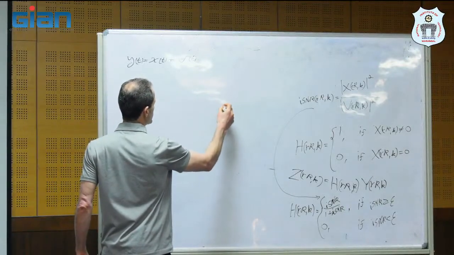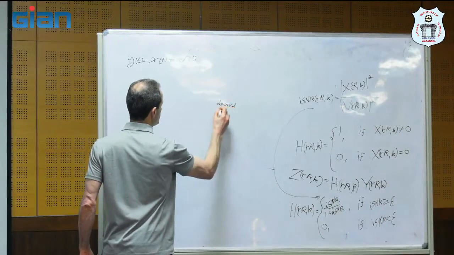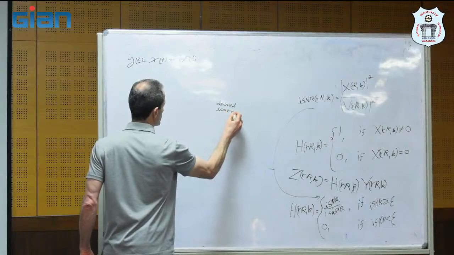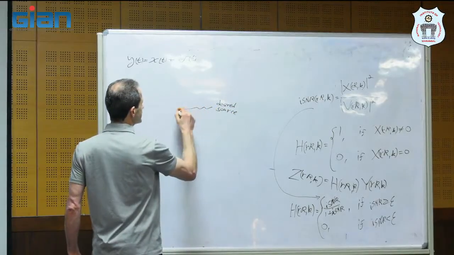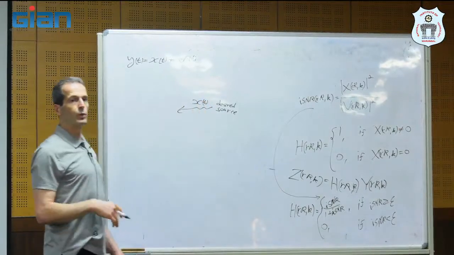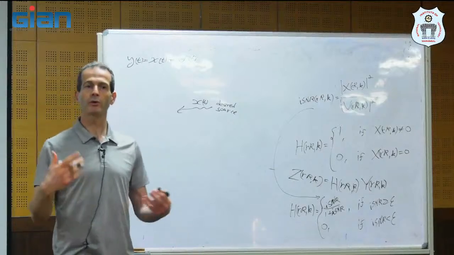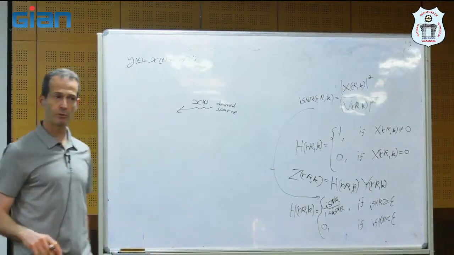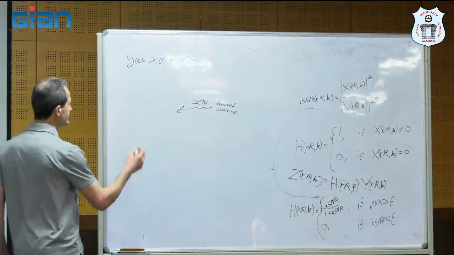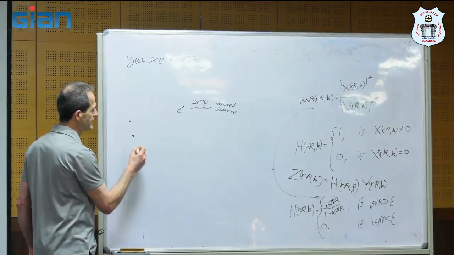So here we have a source, the desired source, and this sends a wave, maybe an acoustic wave, electromagnetic wave, whatever, a propagating wave. This is the desired propagating wave. And this is measured by an array of sensors.